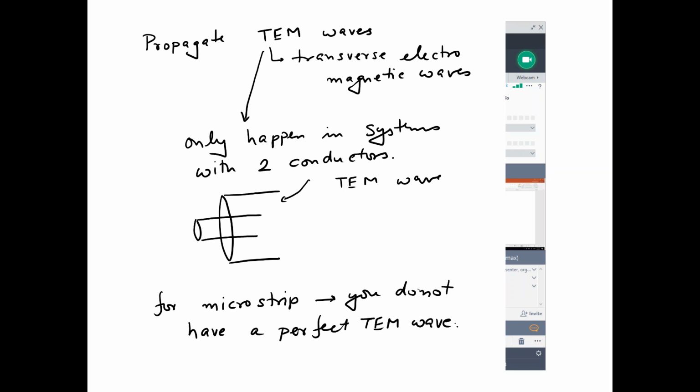And not only that, as we will learn later on, as we look at this TEM wave for one specific waveguide, we will see that the loss of the TEM wave increases quite appreciably as you go to high frequencies.